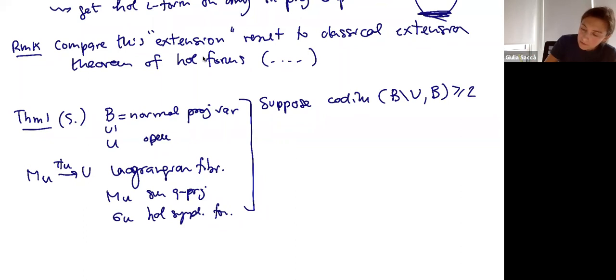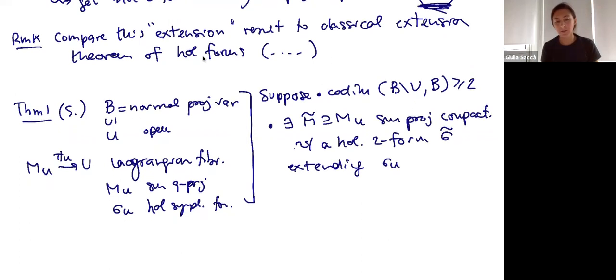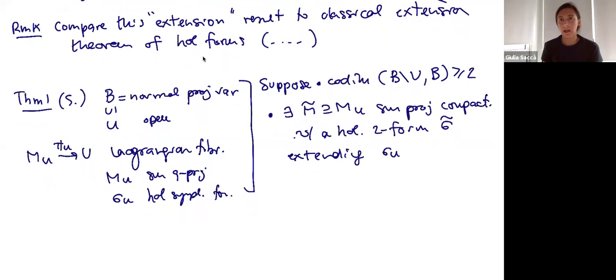Suppose these two conditions hold, and that there exists an M tilde, a smooth projective compactification of MU, with a holomorphic 2-form sigma tilde extending sigma U. And so the whole discussion about the cycle-theoretic holomorphic symplectic form is an indication that this extension property that I'm assuming here is often satisfied in geometric settings.